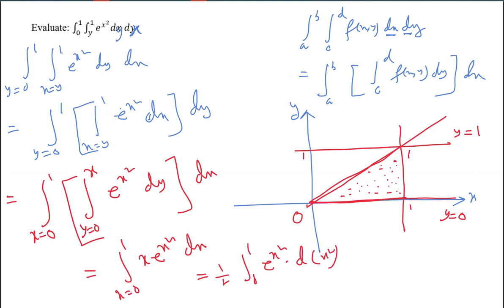So that will be simply e to the power x square, 0 to 1, that will be equal to 1 by 2 (e minus 1).